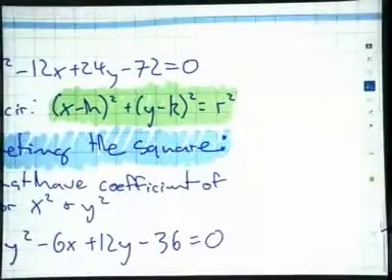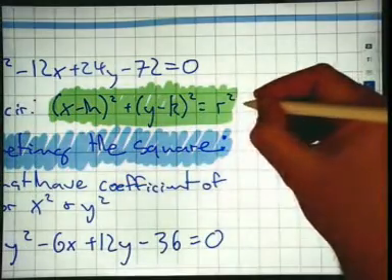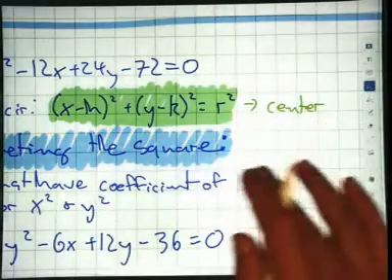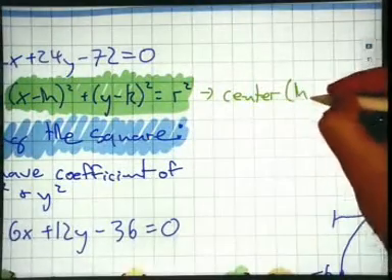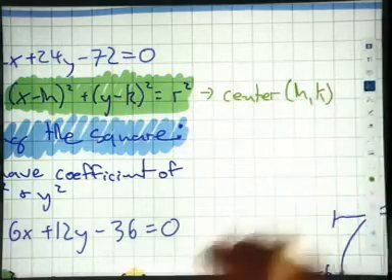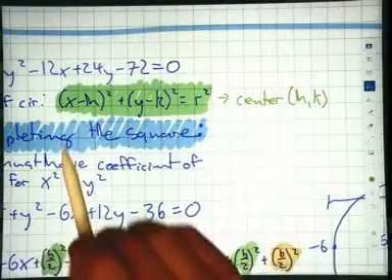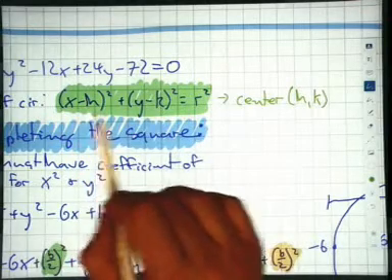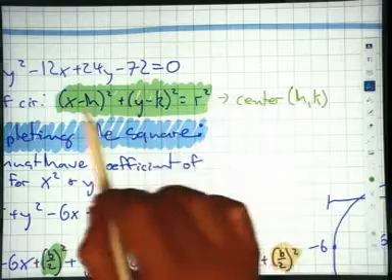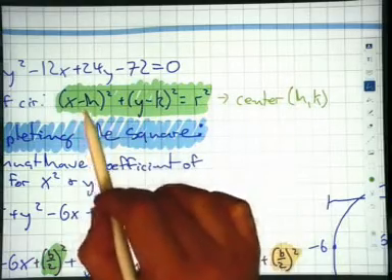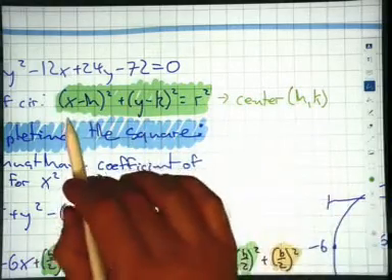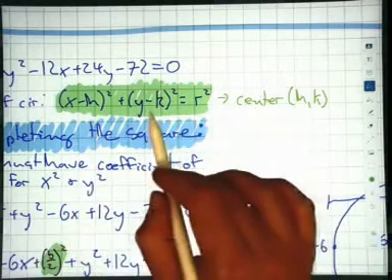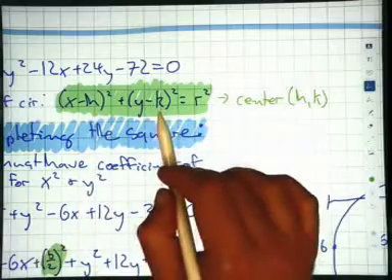So, when we have the standard form of the equation of a circle, the center is (h, k). Now, it's important to see that you have x minus h quantity squared, y minus k quantity squared. These minus signs are in there as part of the standard form, so it's not minus h, minus k, it's the h and the k.